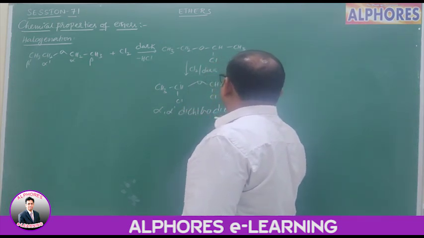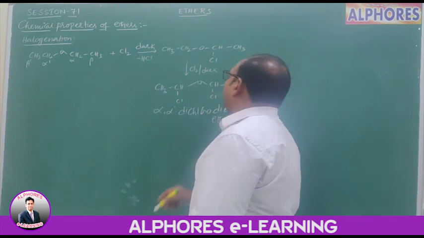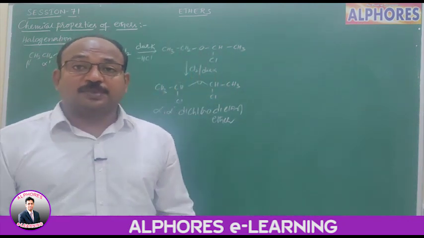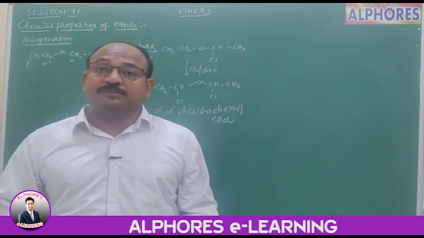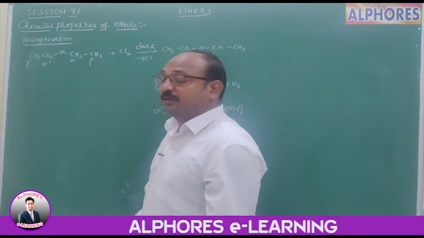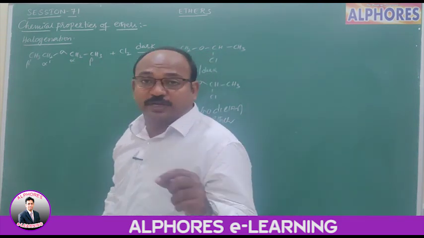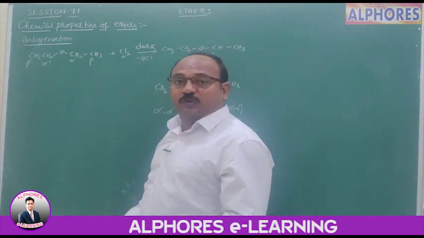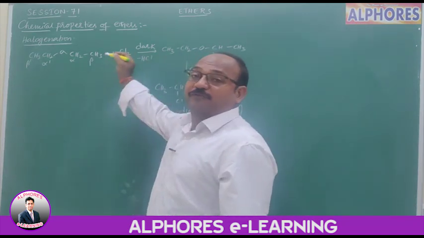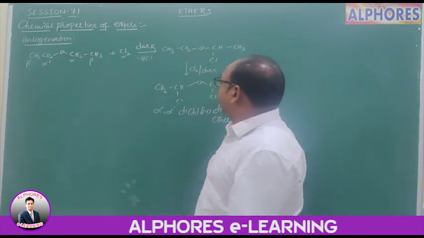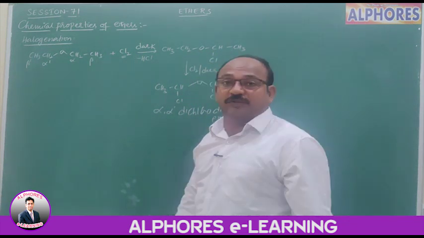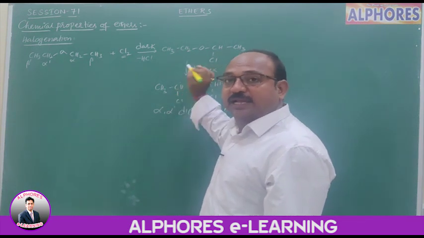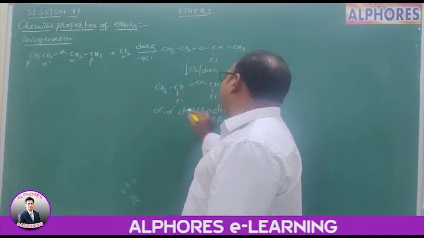Now this one reacts further with chlorine in dark, and the second halogenation takes place at the alpha dash carbon, giving CH3CHClOCHClCH3. This is what we call alpha alpha dash dichloro diethyl ether.